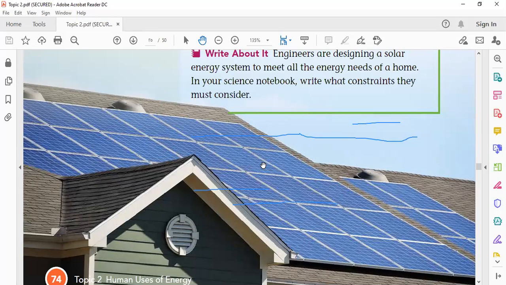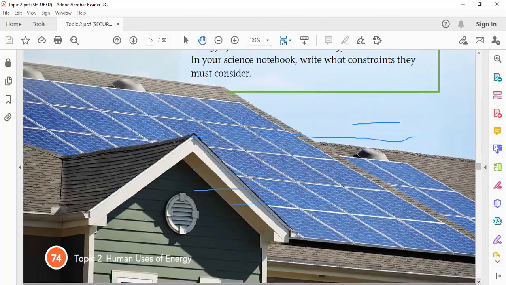This method is very cheap, it doesn't cost us much, and we can get electrical energy very easily, and the amount of solar energy is very huge. So these are solar panels. They are used for changing solar energy into electrical energy. Fine. Let's continue.